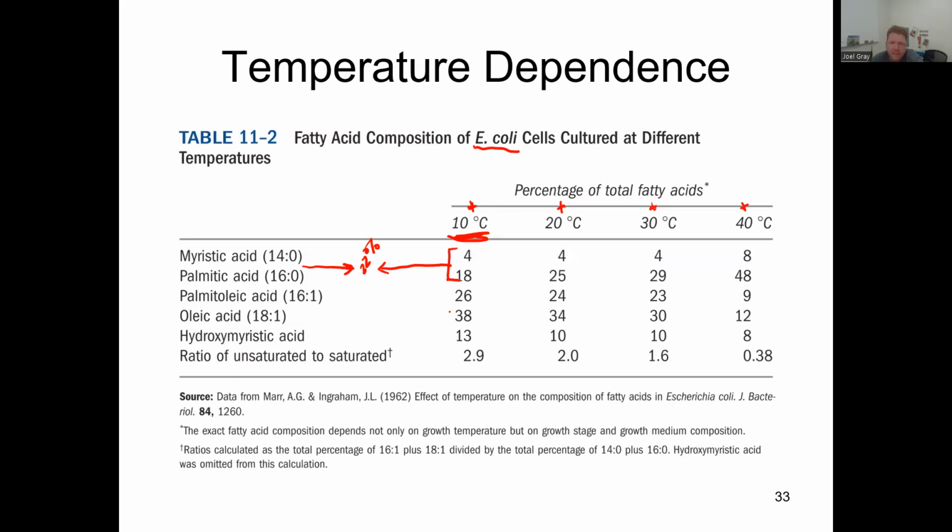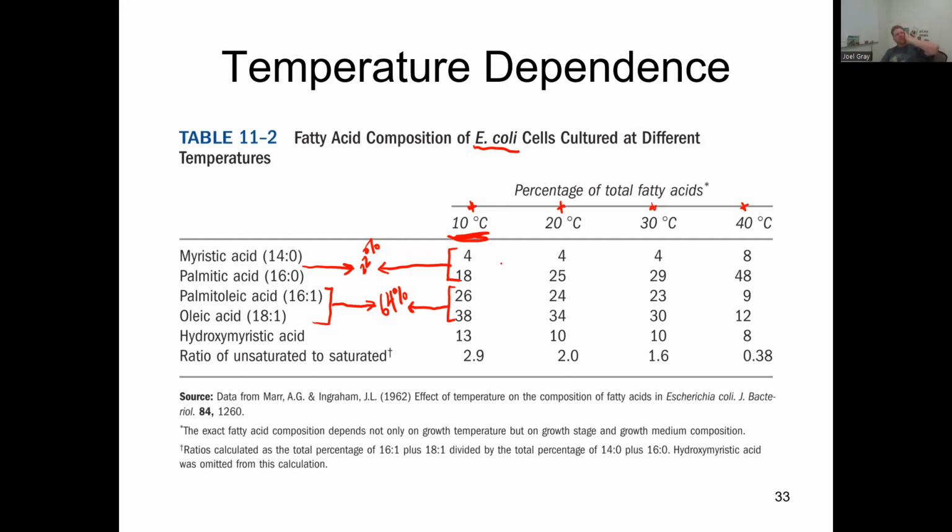Now, at 10 degrees Celsius, the percentage of unsaturated fatty acids, well, 28 or 26 and 38. So we're talking about 64% of their fatty acids were unsaturated at 10 degrees Celsius.